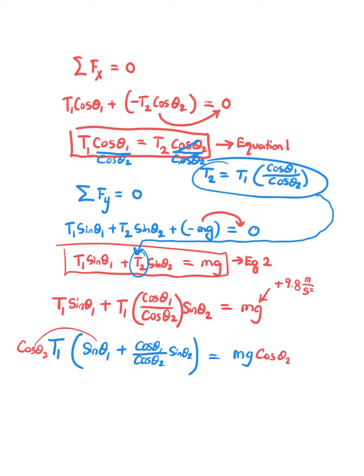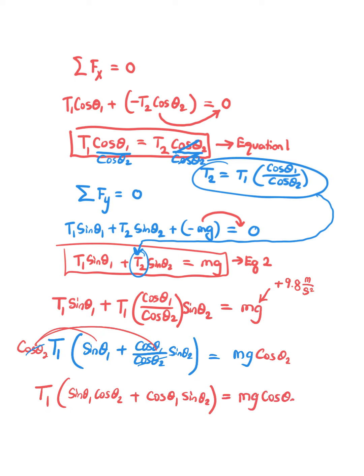And if I distribute the cosine of theta 2 to both of these terms, I'll be left with T1 times sine of theta 1 cosine of theta 2 plus, in the second term, the cosine theta 2 cancels with the cosine of theta 2 in the denominator. So I'll be left with cosine of theta 1 times sine of theta 2. And then the right side of the equation is just mg times the cosine of theta 2.